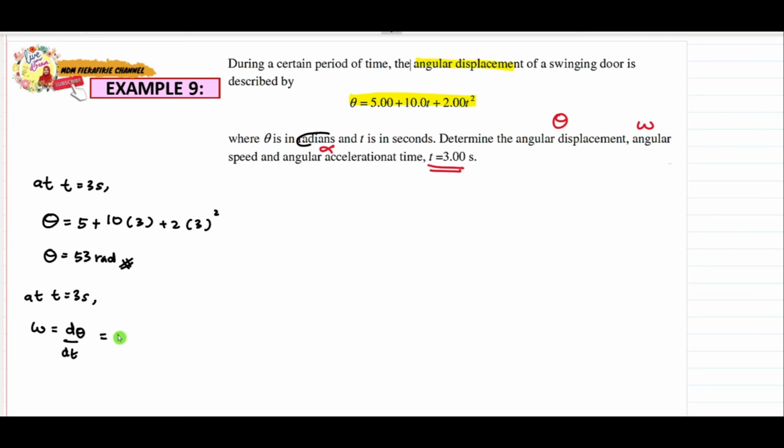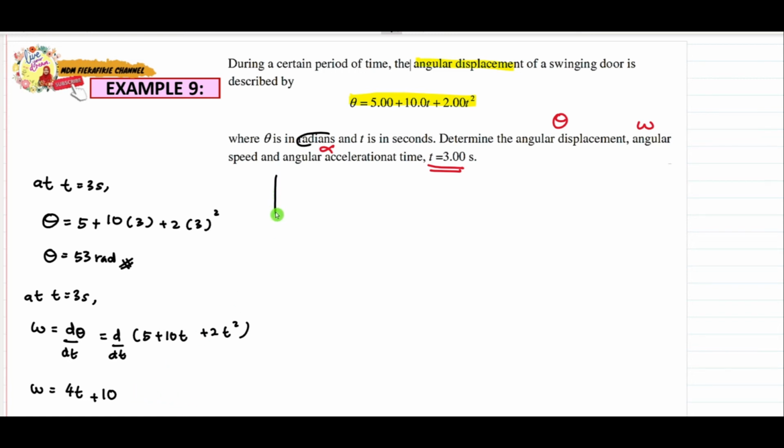Okay, so it's equal to d/dt of 5 plus 10t plus 2t squared. Okay, so bila kita differentiate equation angular displacement, so after differentiate the equation, so we have 4t plus 10. Okay, so we can substitute.